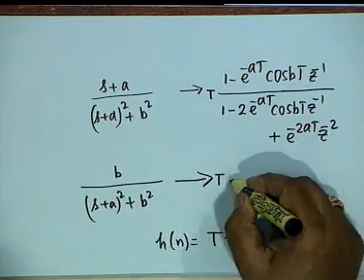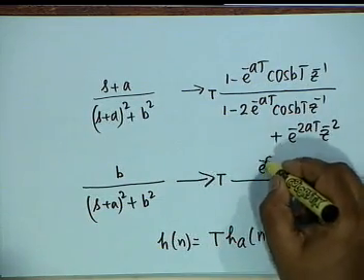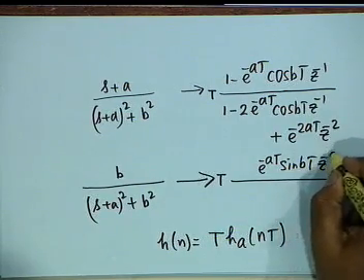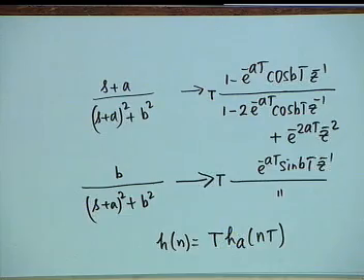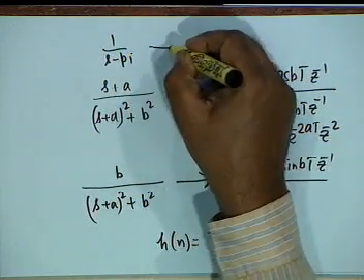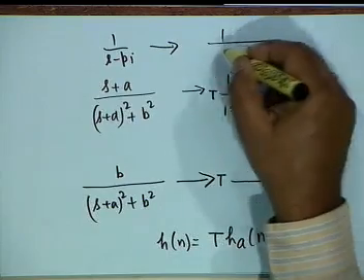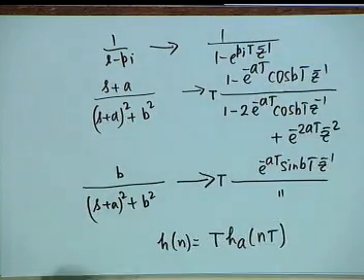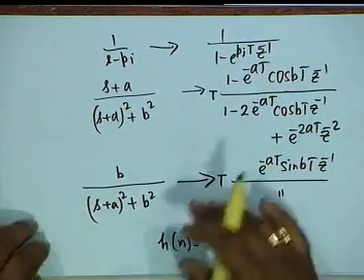So this would be e to the minus AT sine BT Z inverse divided by the same denominator. These are the two most important relationships, and of course, the first order 1 by S minus Pi goes as 1 by 1 minus e to the Pi T Z inverse. This is simple enough. These are the only three things that you have to remember.